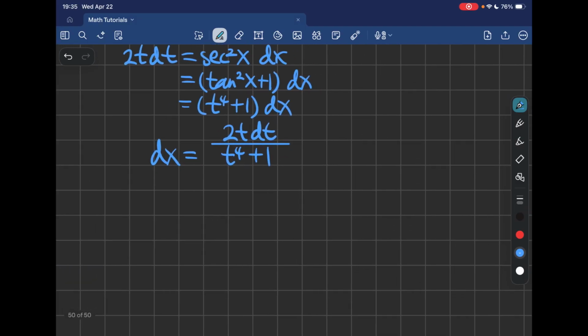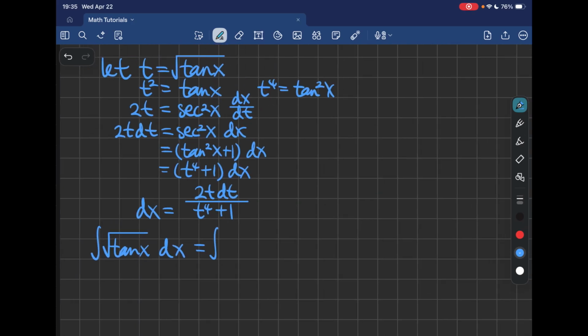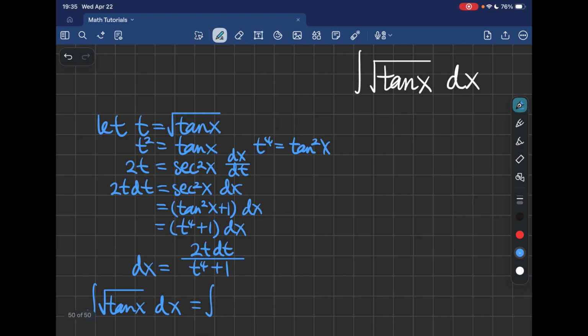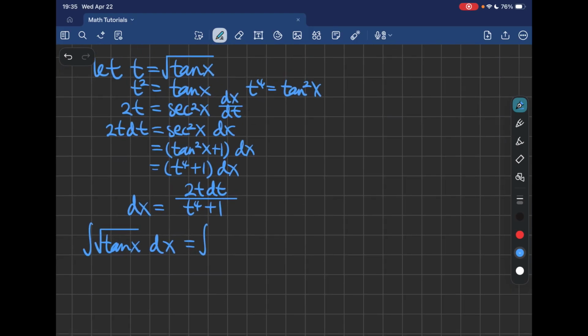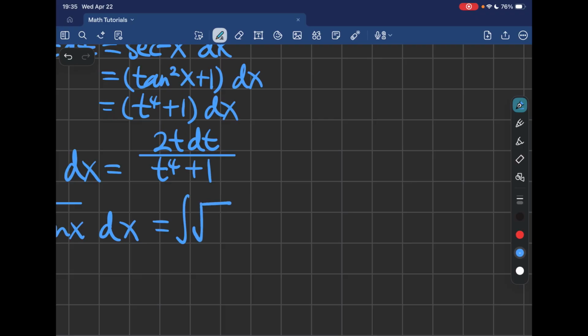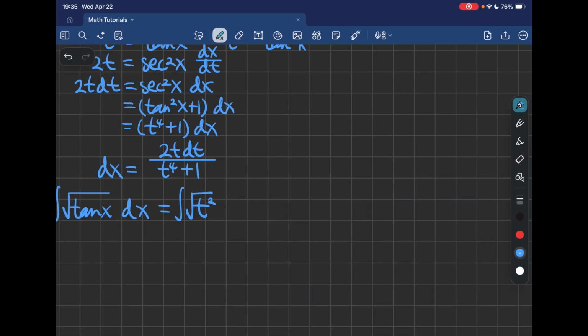And so let's rewrite the original integral. Square root of 10x dx equals, well, square root of t squared, and then times dx, which is 2t over t to the 4 plus 1 dt right here.